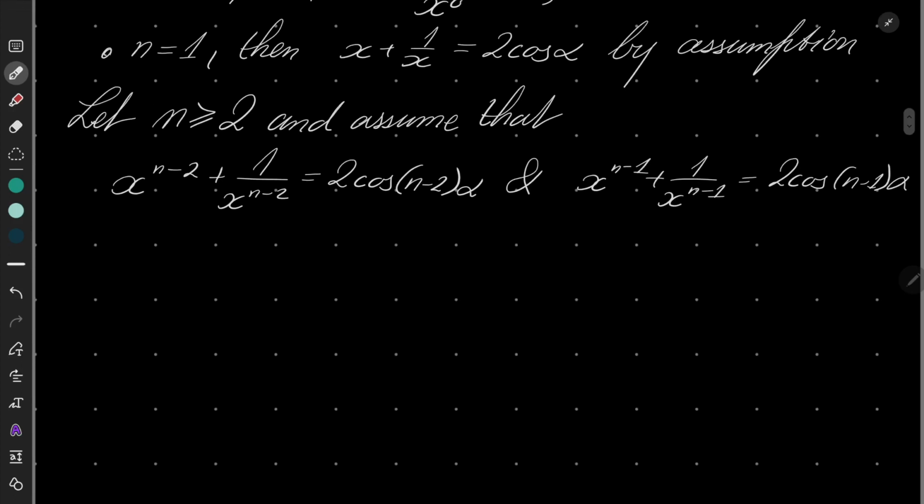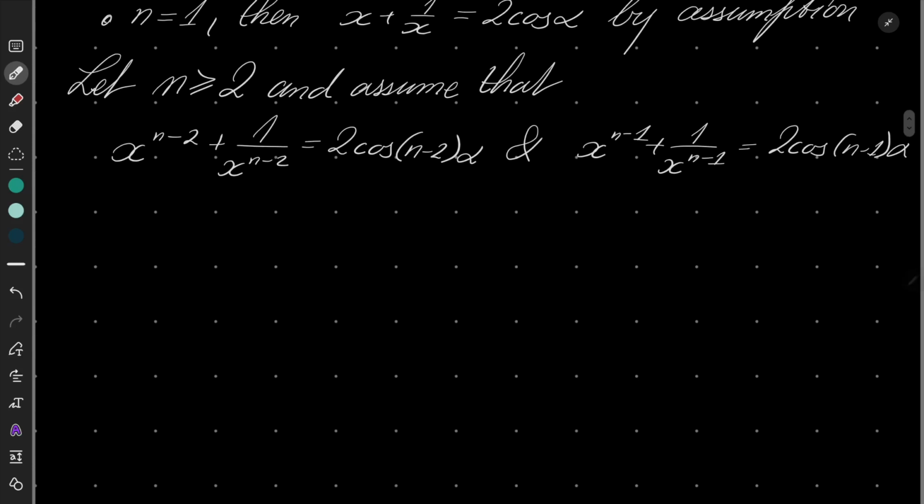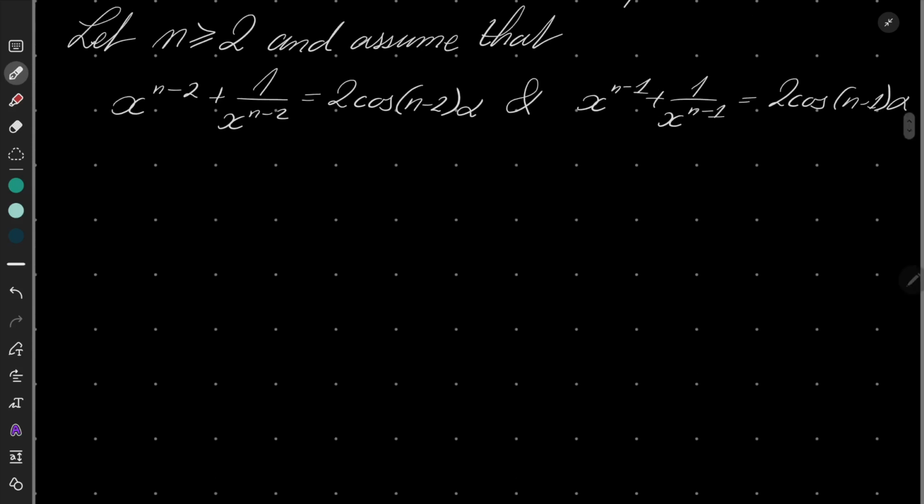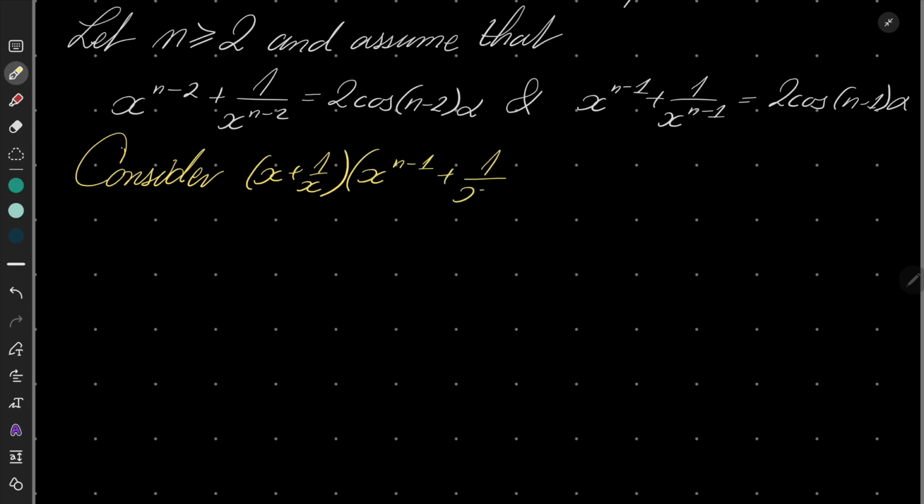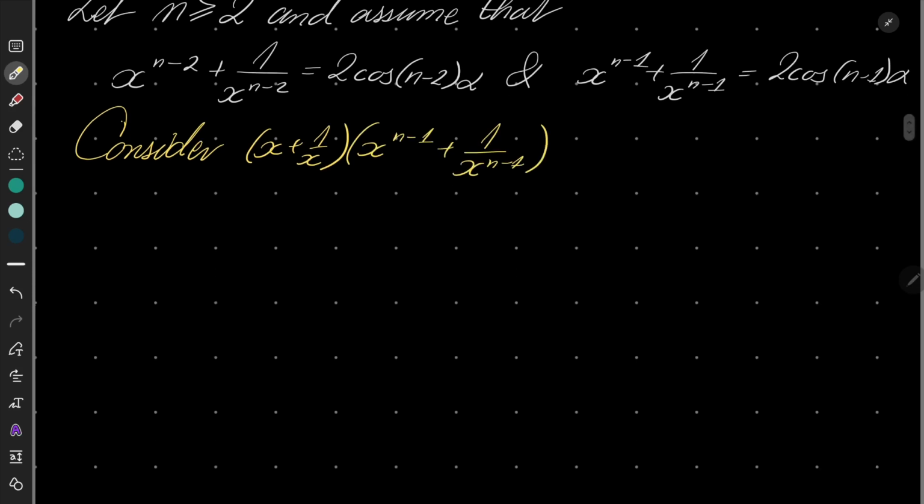Okay, and now let's consider x to the power n plus 1 over x to the power n. Well, what happens? First of all, maybe let's do the following. Consider x plus 1 over x times x to the power n minus 1 plus 1 over x to the power n minus 1.